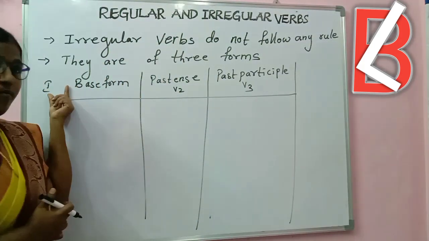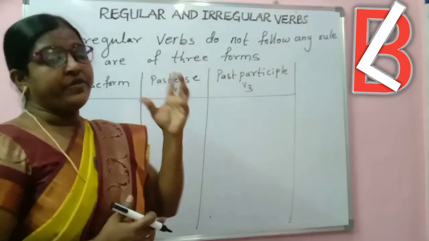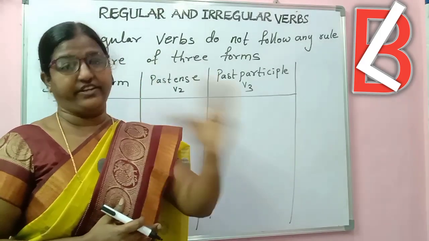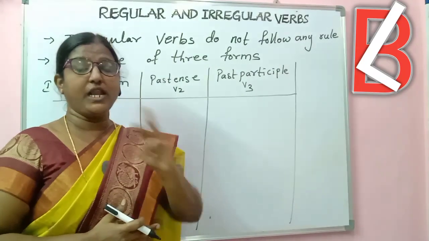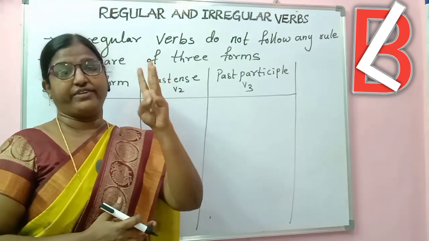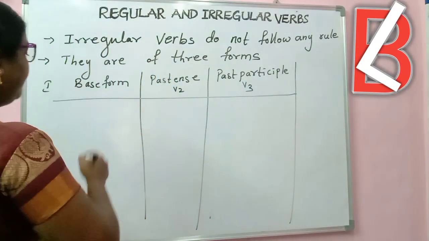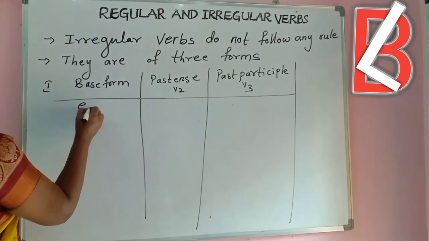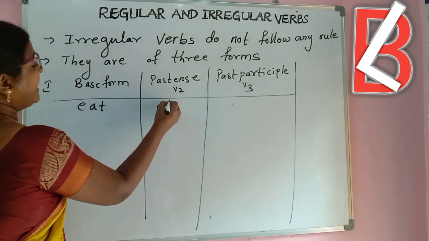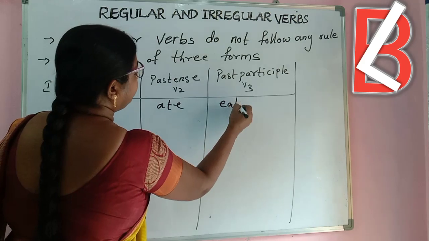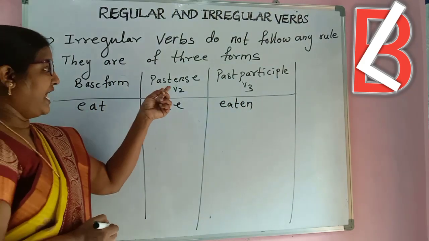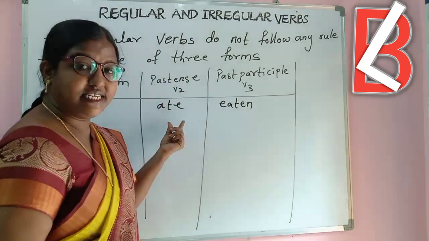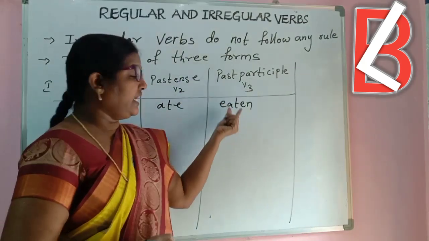In the first form of irregular verbs, all the three forms are different: the base form, the past tense and the past participle. Let us see with an example. Eat, ate, eaten. Here we can see the base form is eat, the V2 form, past tense, is ate, and its V3 is eaten.